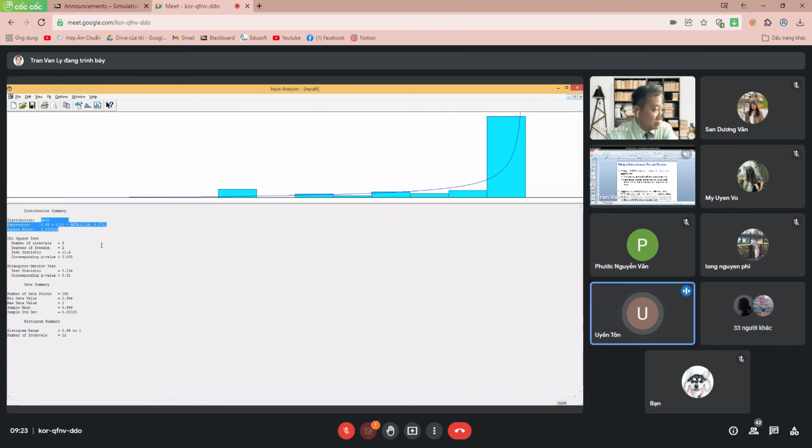I think I will accept beta because the corresponding p-value from the test is greater than alpha. Yeah, good. What else? And it also had a small square error. Yeah, good. How small is small?